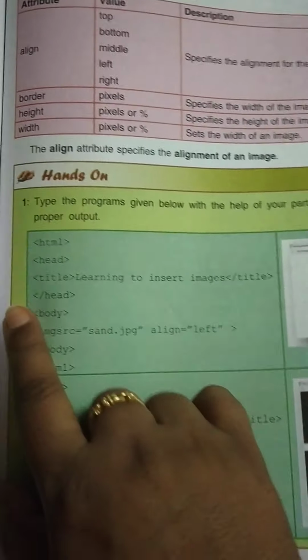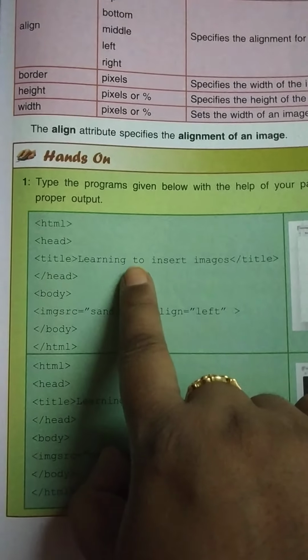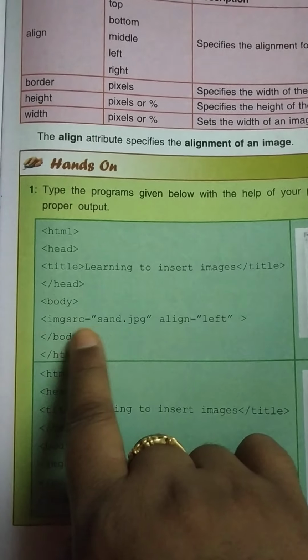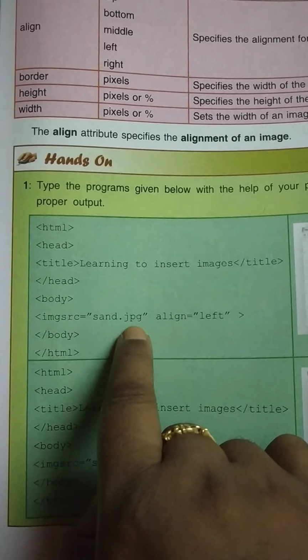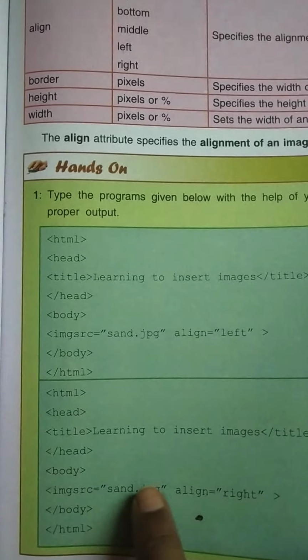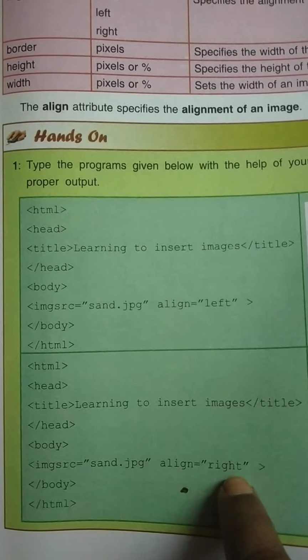Now you can see here the total program is written. Okay, the title has been given as learning to insert image, and here the image source and some file name .jpg has been given, and the alignment is left. The same program has been written, but here you can see that the alignment is right.